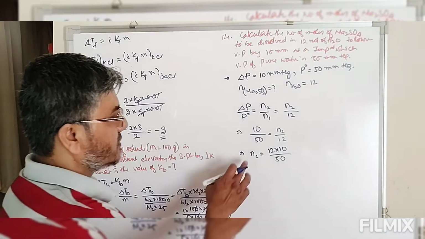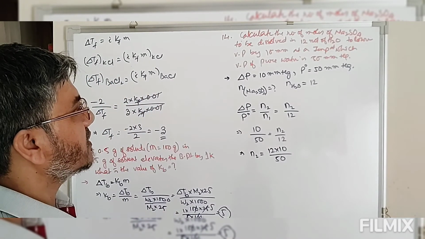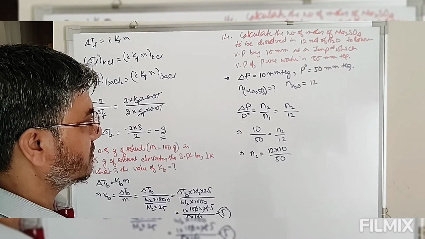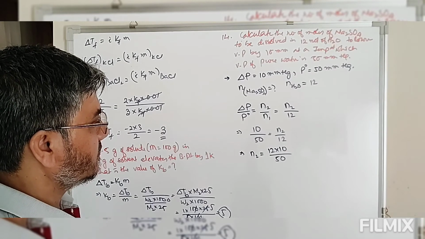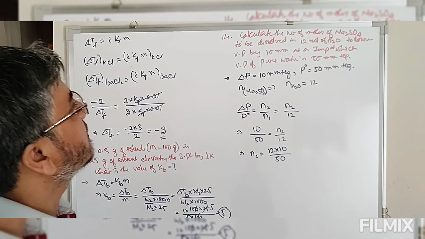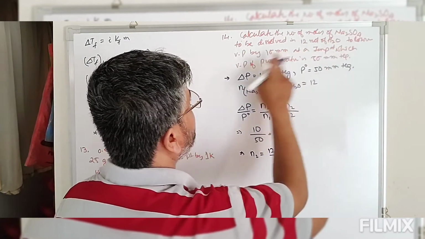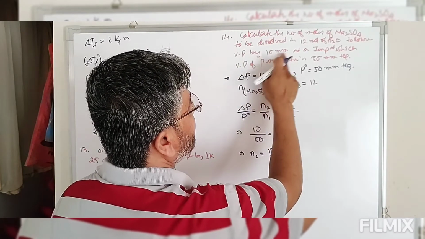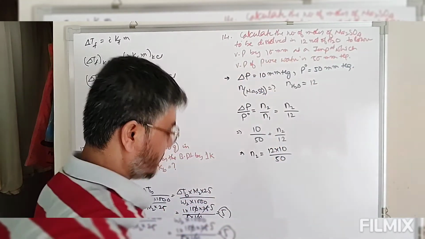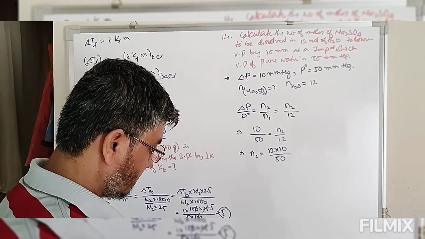So this is the number of moles of sodium sulfate to be dissolved in 12 mole of water to lower the vapor pressure by 10 at a temperature at which the vapor pressure is 50 millimeter mercury.